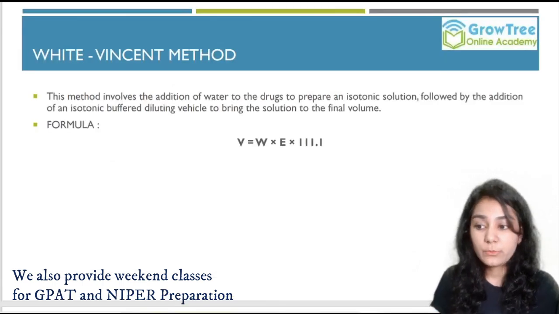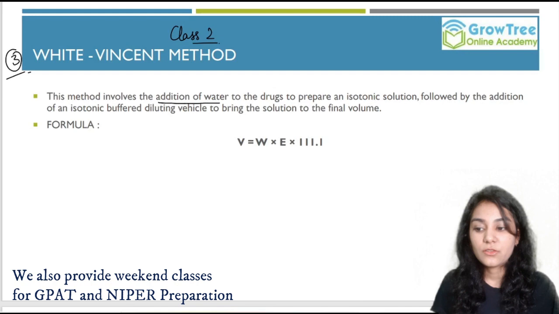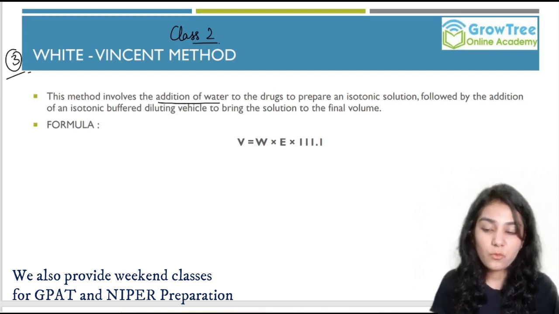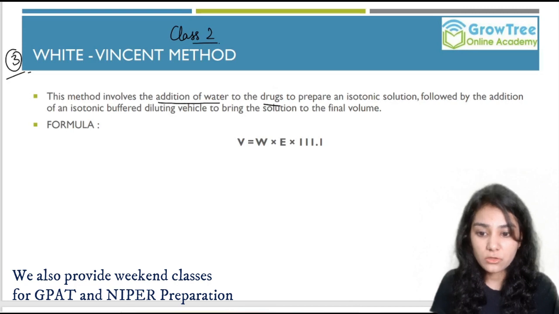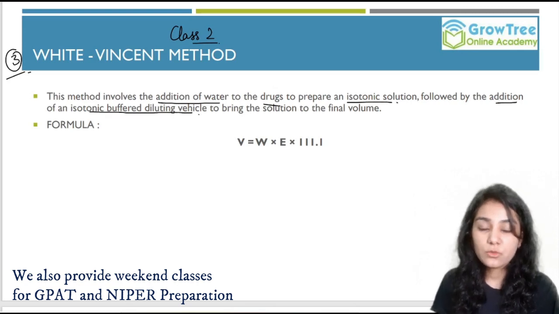The third method used for adjusting isotonicity is the White-Vincent method, and it comes under the class 2 methods. In this method, water is generally added to the drug to prepare an isotonic solution. After the addition of water, isotonic buffer diluting vehicles are added to bring the solution to the final volume.